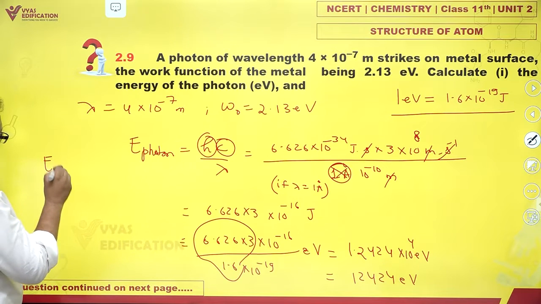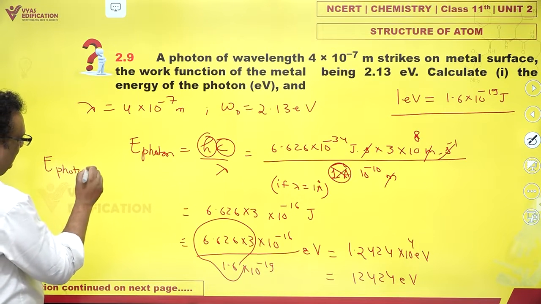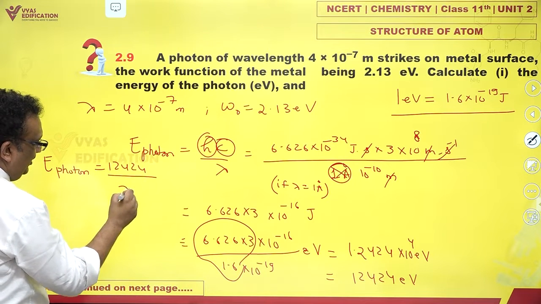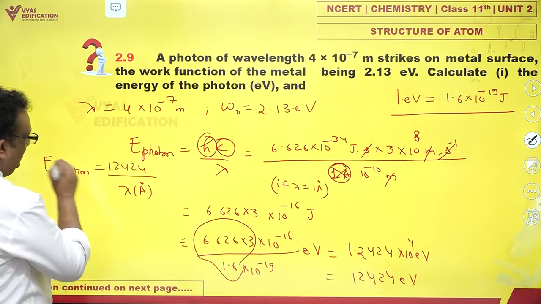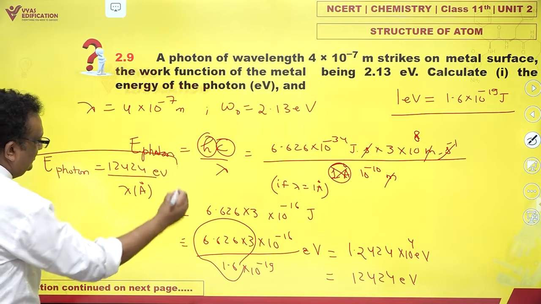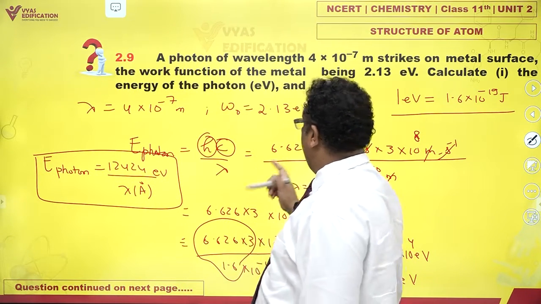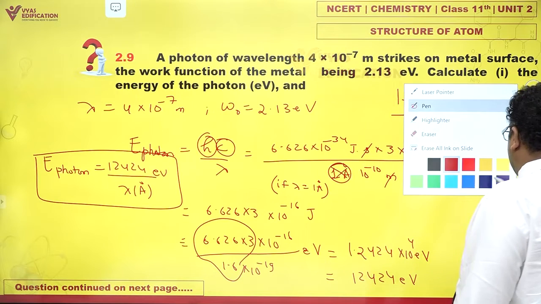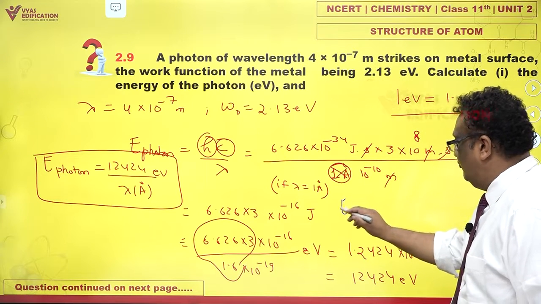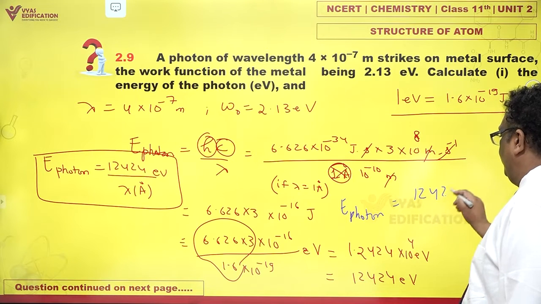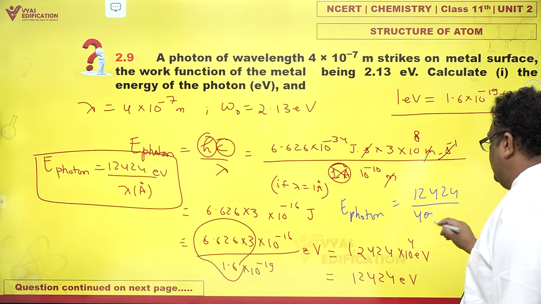Energy of photon is 12424 upon lambda in angstrom units, इतने इलेक्ट्रॉन वोल्ट्स. हमारे केस में लैम्डा आ रही है 4000, तो energy of photon will be 12424 upon 4000.